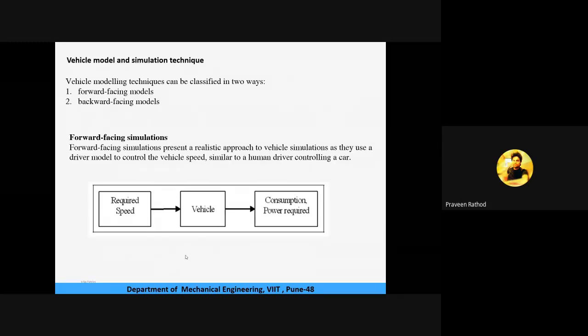Whenever we simulate a forward facing simulation, the drive cycle graph should be almost equal to the standard drive cycle. Those kinds of parameters can be provided whenever we are simulating any electric vehicle using a forward facing simulation. Okay, so one more type of simulation is the backward facing model.